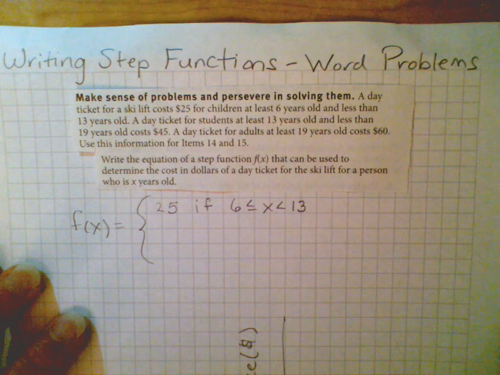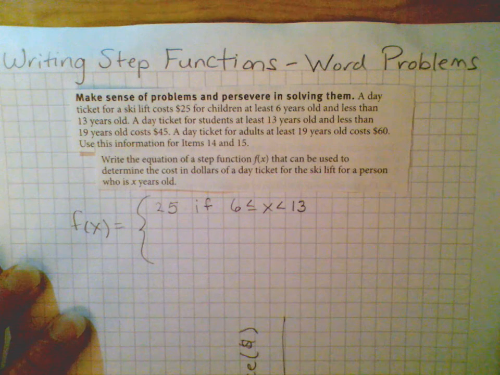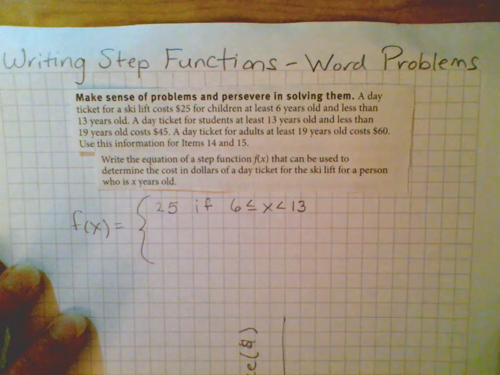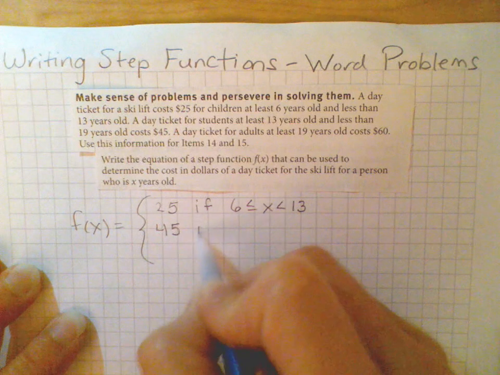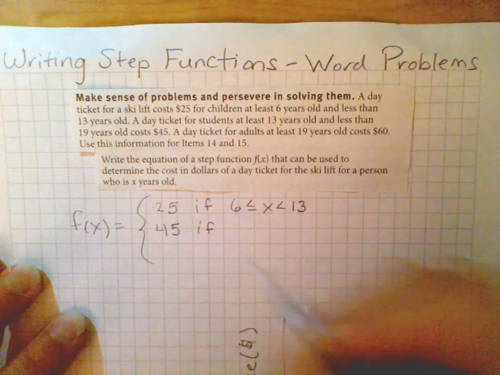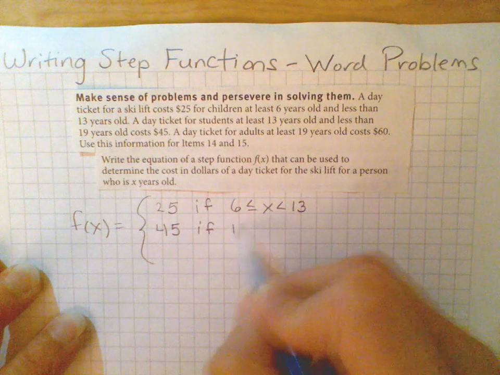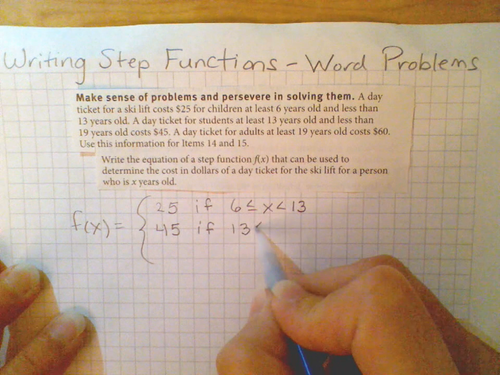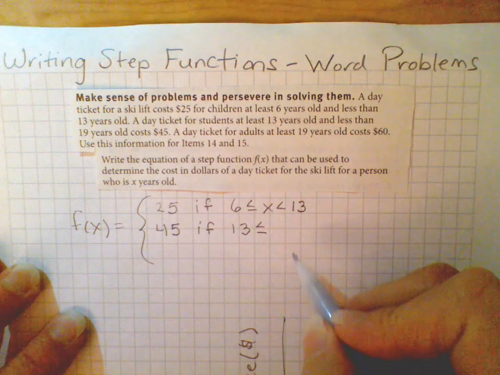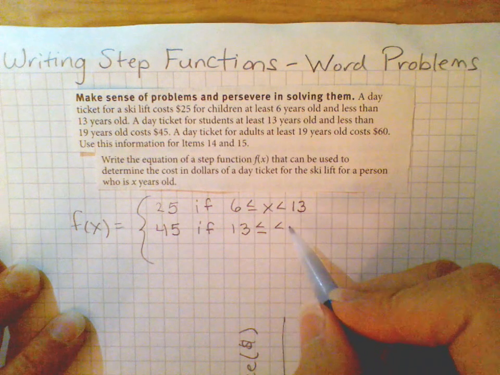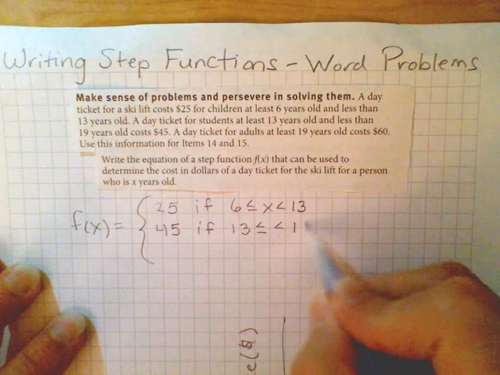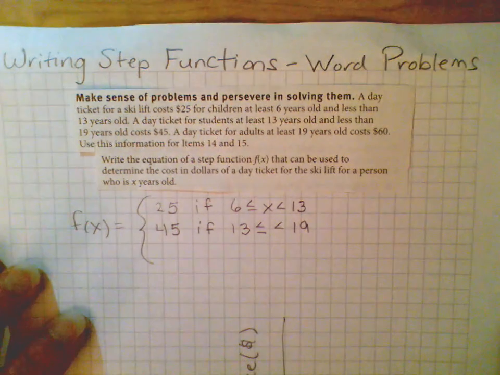Then it says for students at least 13 and less than 19, it costs $45. So that step is 45 if x is at least 13 and less than 19. Okay, so there's step number 2.